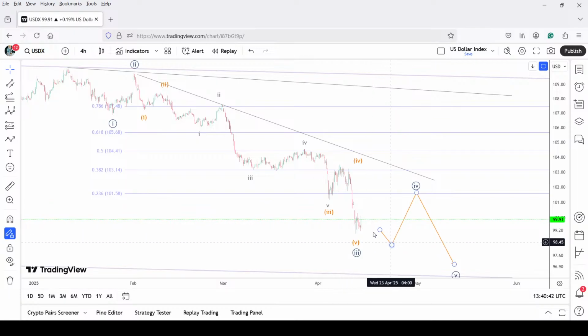We are now working towards a potential wave 4 rally. Ideally, it should go through the 38.2%. It can probably go towards 102 as well, 103 as well, which is a neat little level. It would act like a magnet.